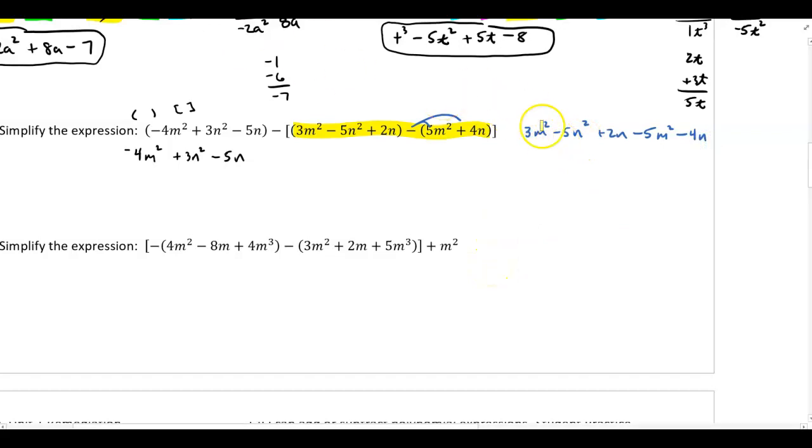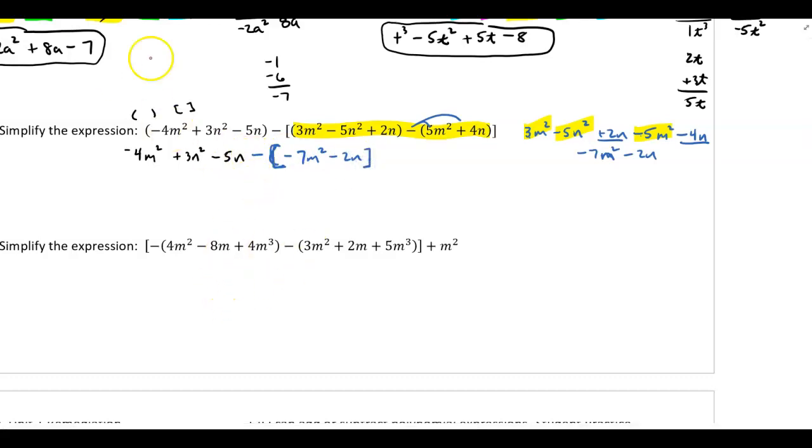When I combine like terms here, 3m squared minus 5m squared is going to give me 3 minus 5 is negative 2, minus 5 is negative 7m squared, and then 2n minus 4n is minus 2n. So when I look at this, now I'm basically subtracting. What does that bracket become inside now? Negative 7m squared minus 2n.